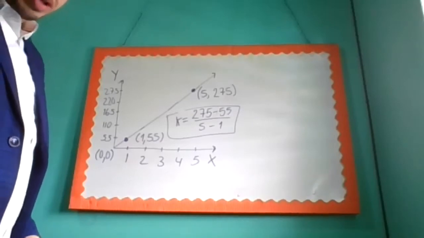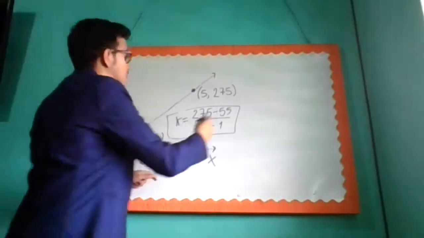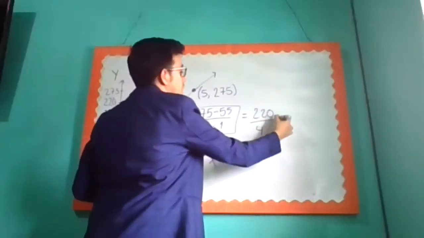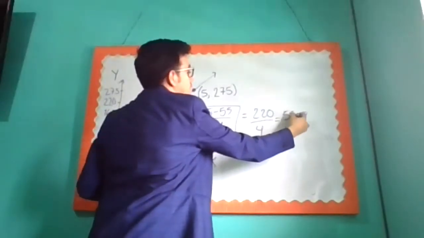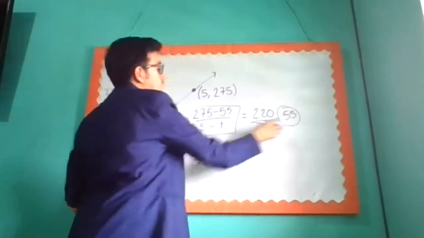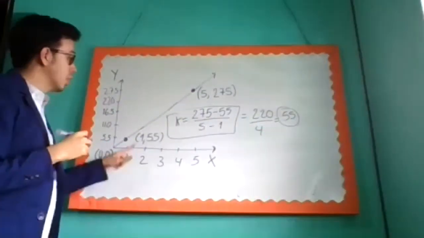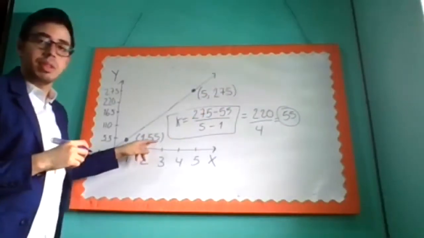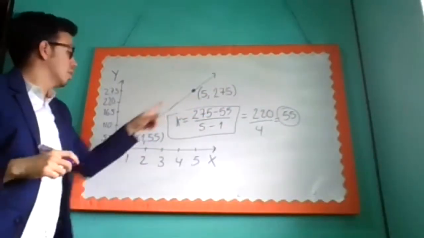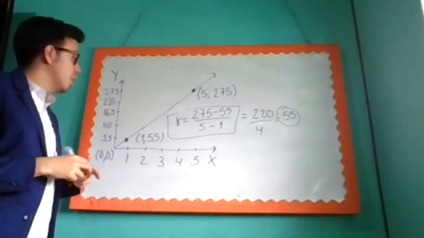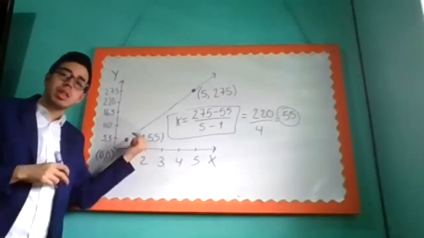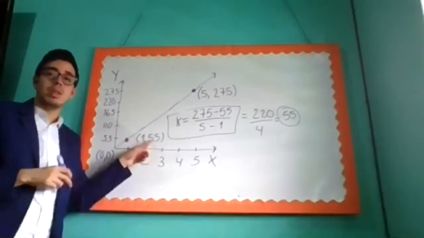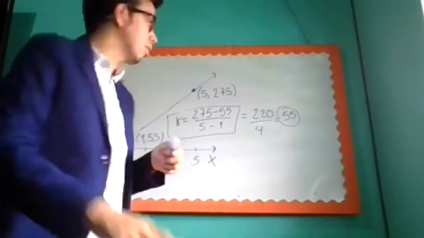This divided by 4. This is 220 divided by 4. You obtain again 55. This is the constant k. If you subtract the y point minus the other y point, x minus x again. But remember, if x is already 1, you are going to divide only y over x. You obtain the same result.